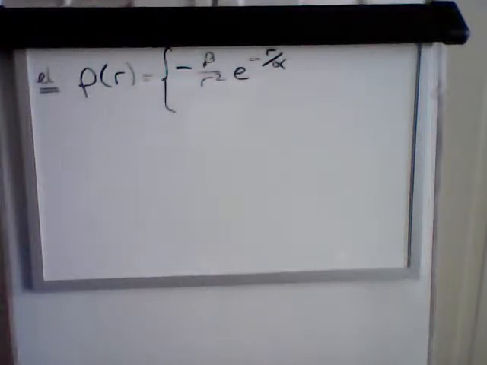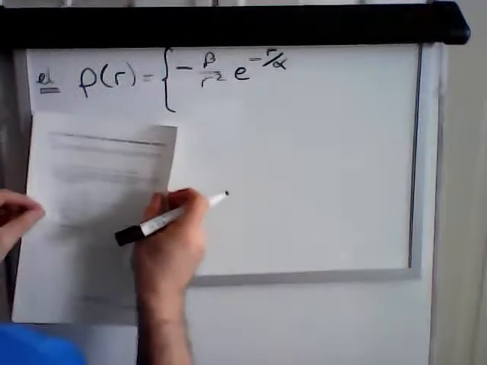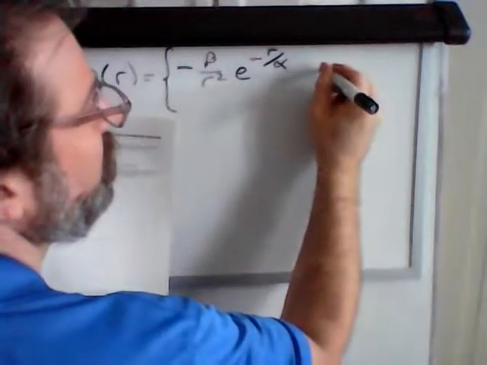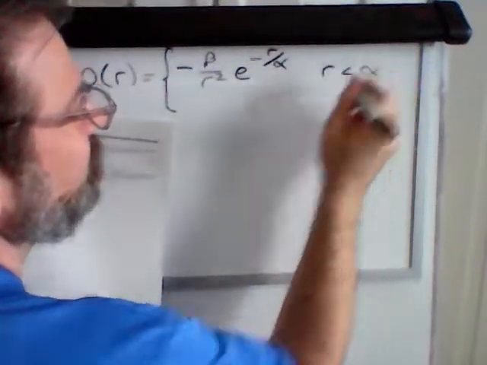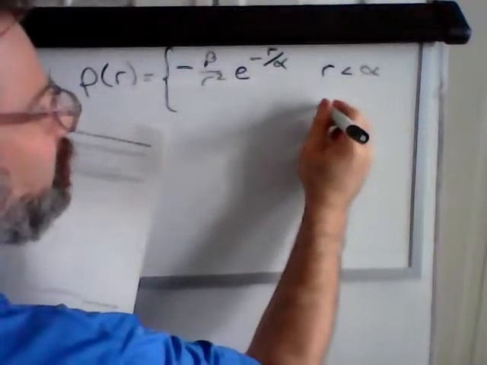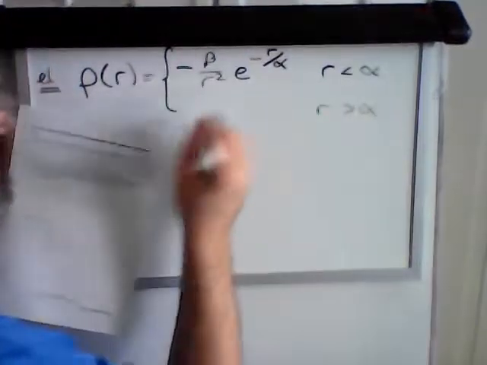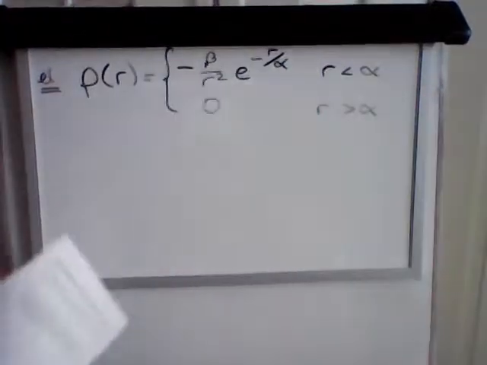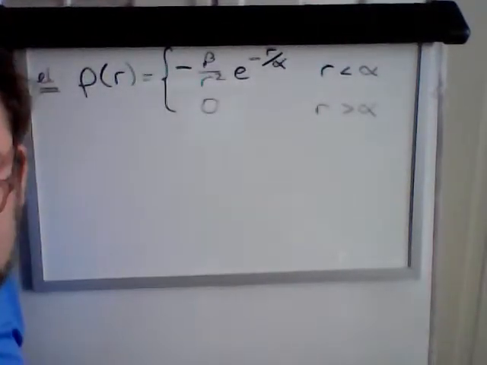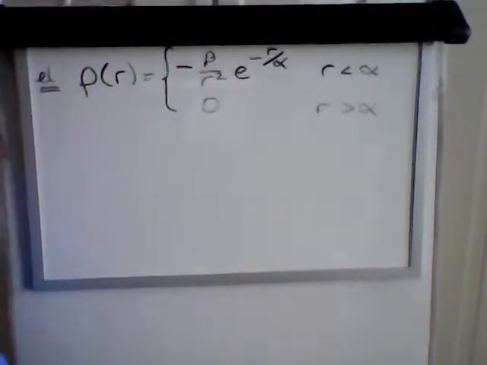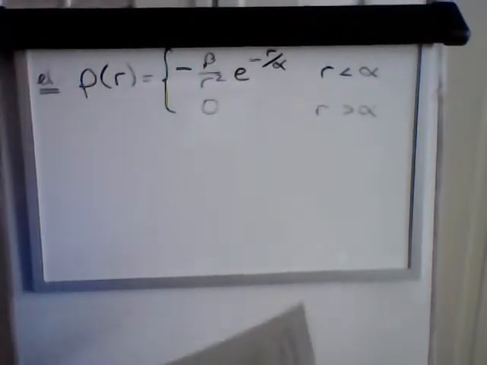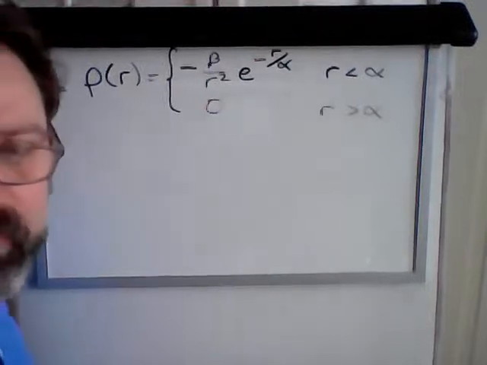That's not true. Okay. I don't like the question, the way it's formulated. Okay, anyway. This is for r is smaller than alpha. And then for r greater than alpha, they're going to say that the electron density is 0. Yeah, it is alpha. The reason I got confused is because that's kind of showing up weird on here, isn't it?